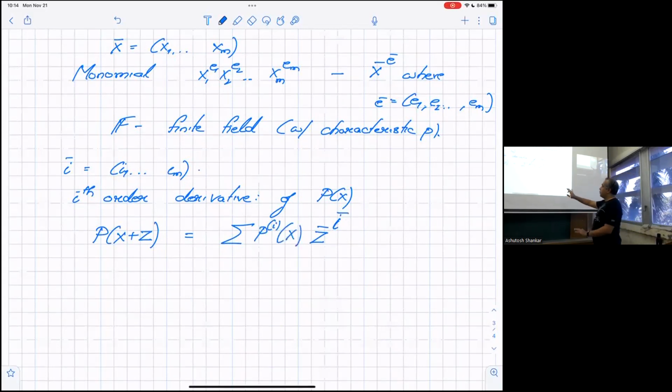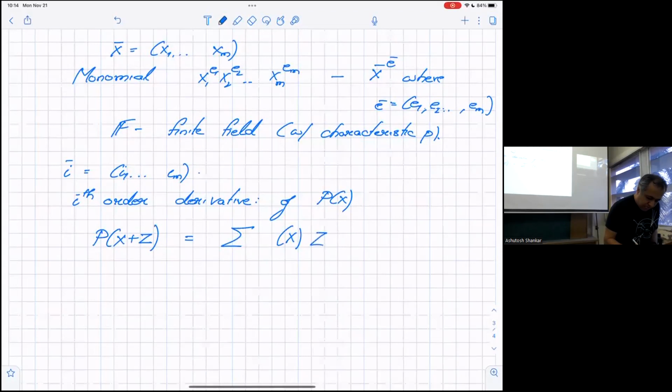So you can write it in this form always. I said ith order derivative, so I is fixed, but the inner summation is in terms of E. So the inner summation is important. It is z power E. So you collect whatever is the coefficient of z power E, that will be some polynomial in x, and that polynomial is what I will call the Hasse derivative.